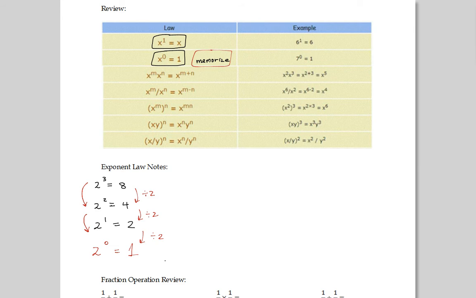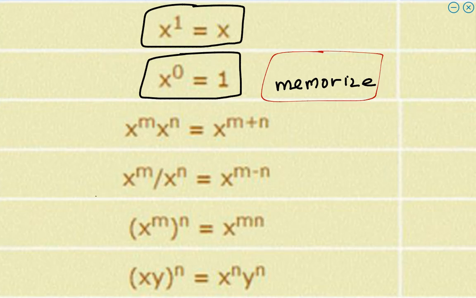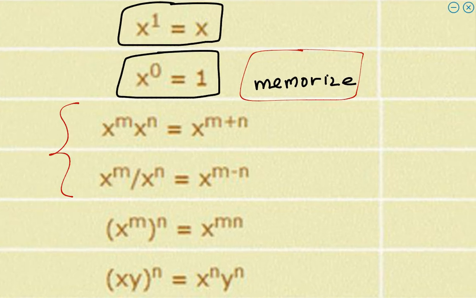Now the next two are related. Let's take a look at these two. It's basically saying if you have a product with powers and it's the same base, if you're multiplying x to the m times x to the n, you just have to add those powers.